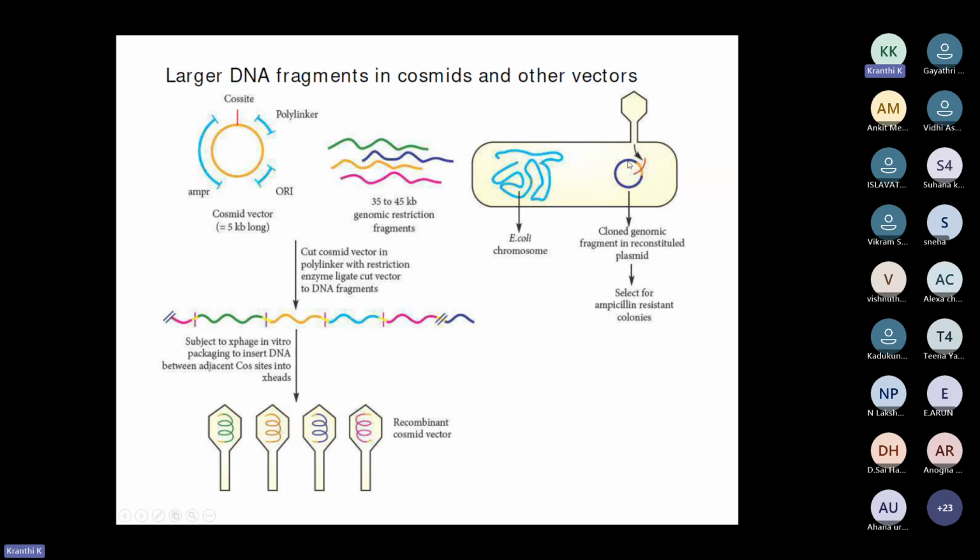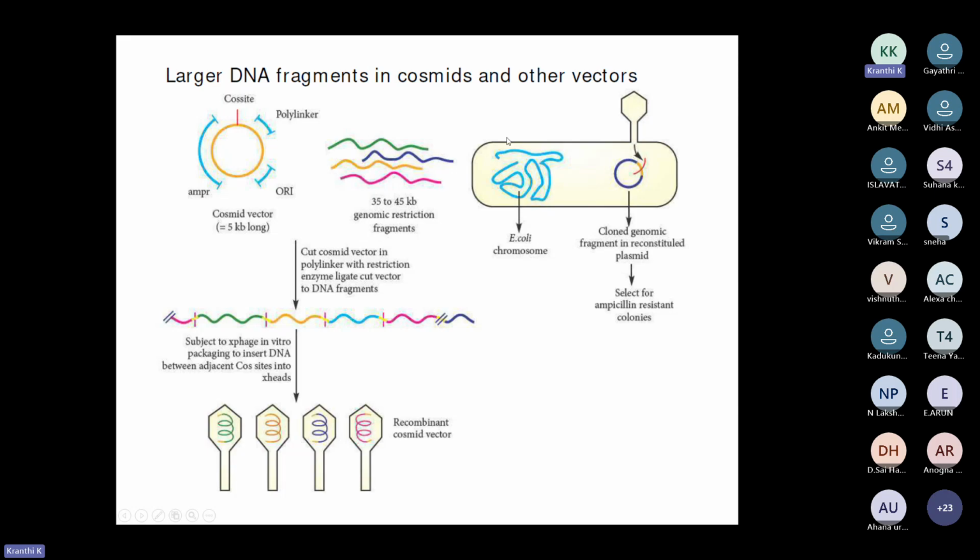In this cosmid, we are doing the recombination of a big DNA sequence. By cutting these DNA sequences, these sequences will be inserted here, and later they may enter into a bacteriophage again, because here the bacteriophage will enter.